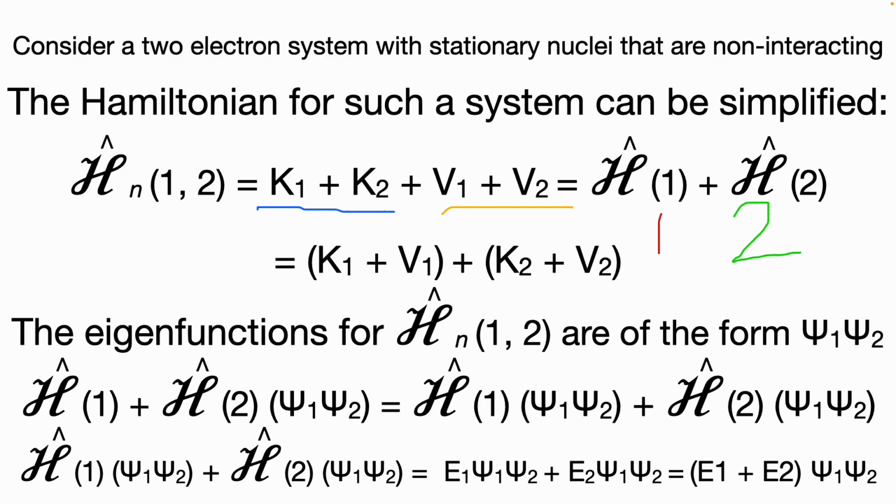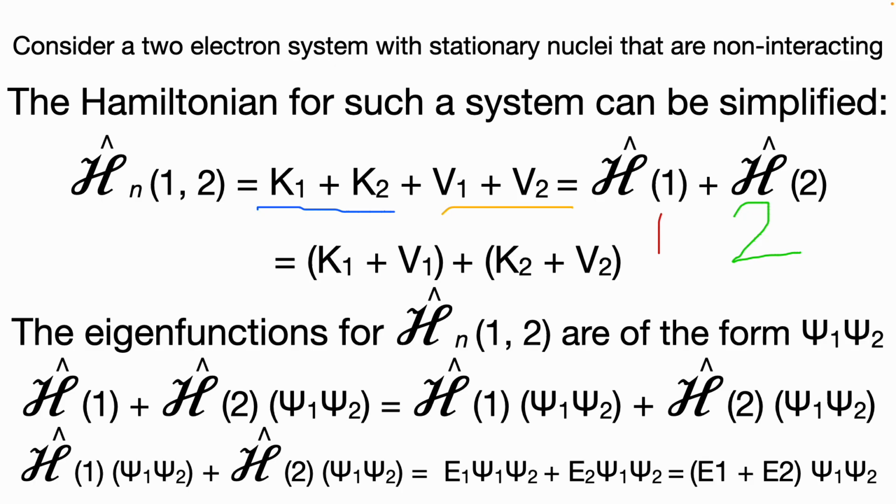Now, the eigenfunctions for the non-interacting Hamiltonian are going to be of the form of the product of the individual eigenfunctions of the component Hamiltonians, that is of the form of psi1 times psi2. To see why that is the case, we can operate the non-interacting Hamiltonian on psi1 times psi2.